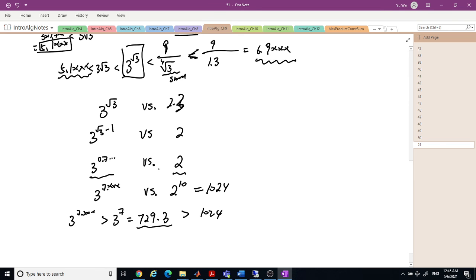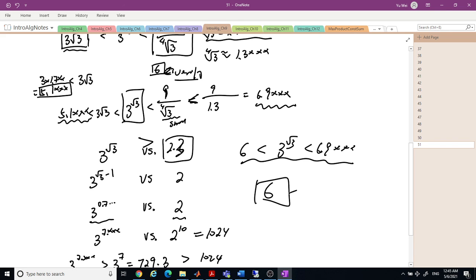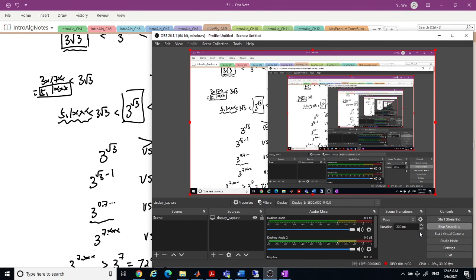So now we know this one is greater than 6, right? And it's less than 6.9 something something. So the largest integer less than this number is 6. Okay, that's it for all the challenge problems for chapter 9. Thank you.